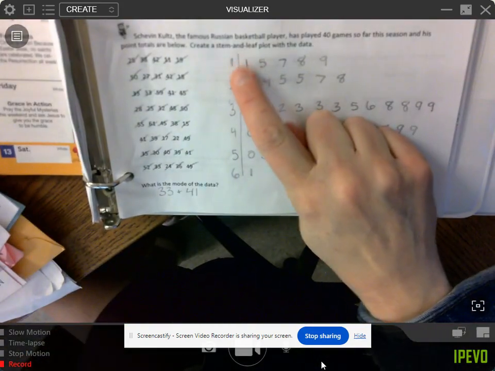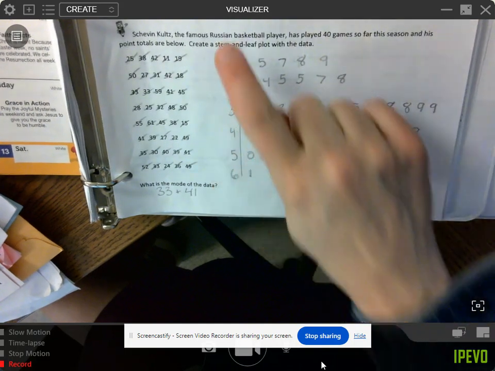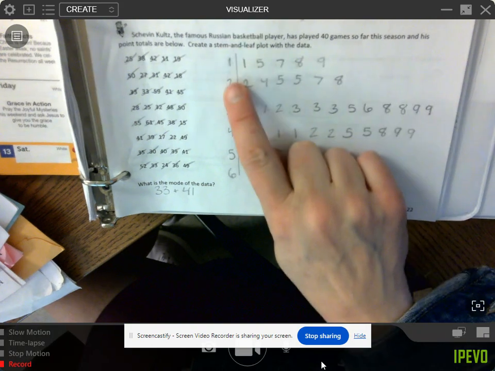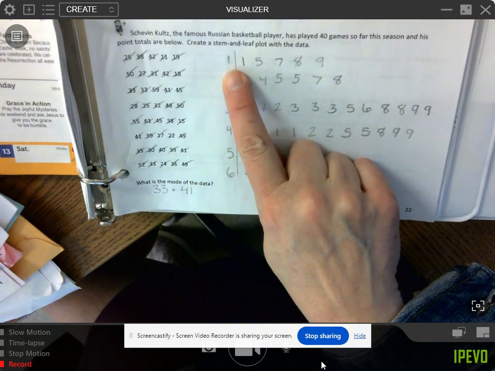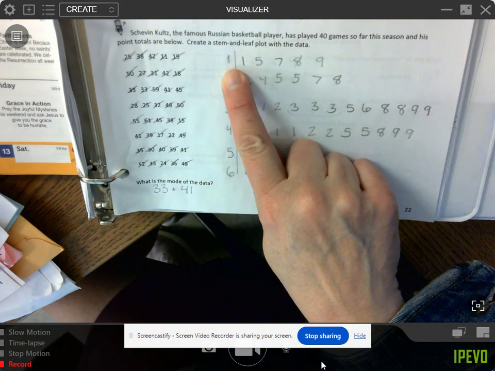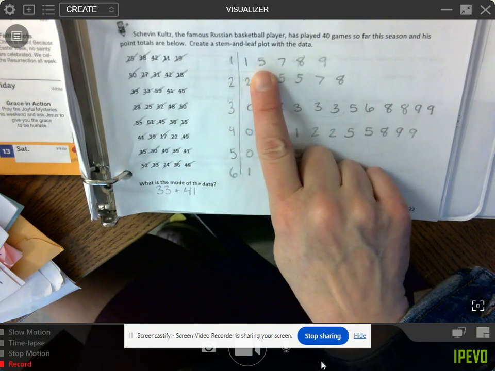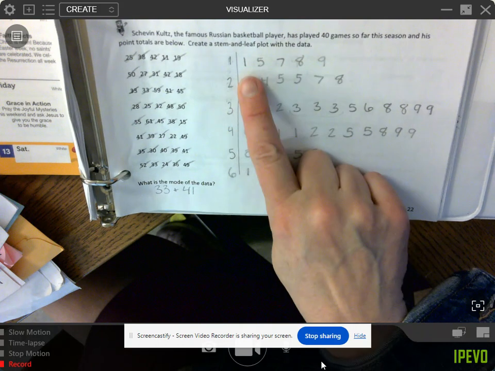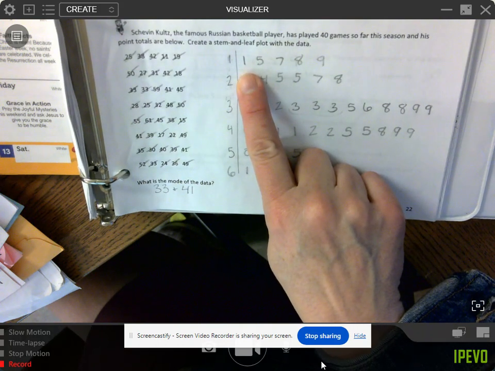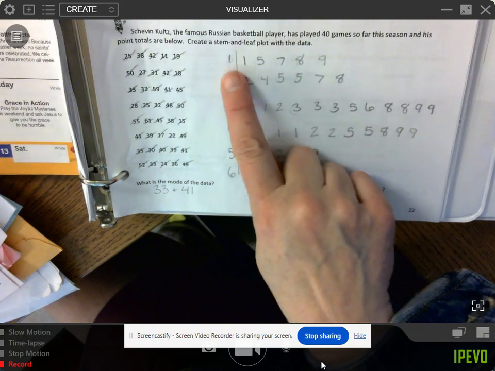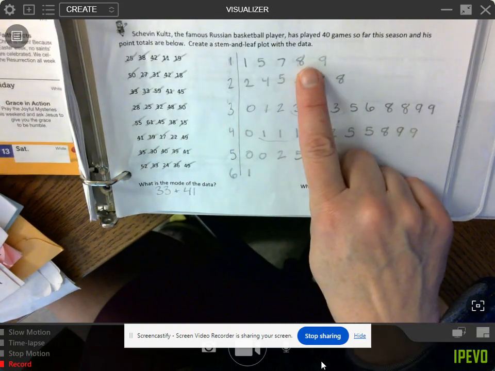So we had 1, 2, 3, 4, 5, 6. We didn't have any zeros because there weren't any in the ones place. For our tens place, we have the 11, 15, 17, 18, 19. So we just put the ones place in there, 1, 5, 7, 8, 9, but we know they stand for those teen numbers.